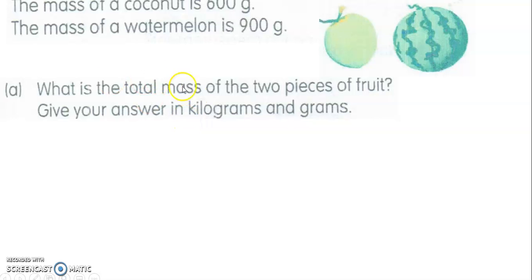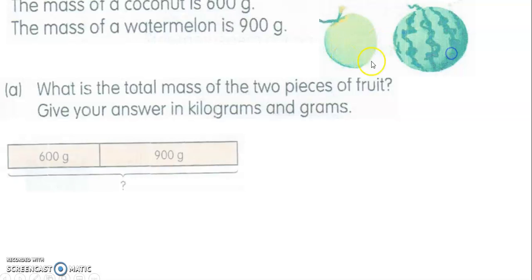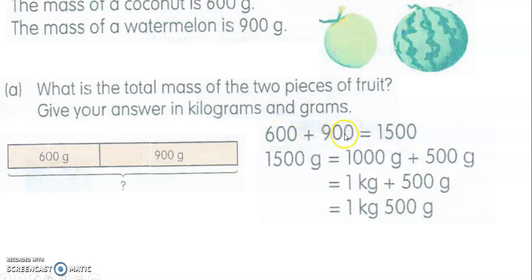We need to find the total mass of the coconut and watermelon, so we add the two masses, 600 grams and 900 grams. 600 plus 900 equals 1500 grams. This is the mass in grams, but the question says to give your answer in kilograms and grams at the same time.